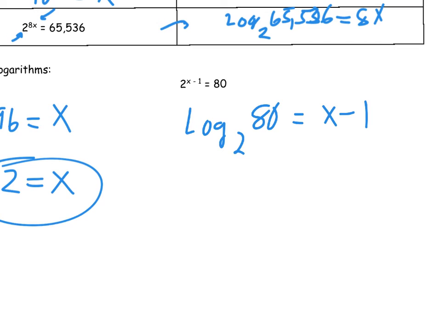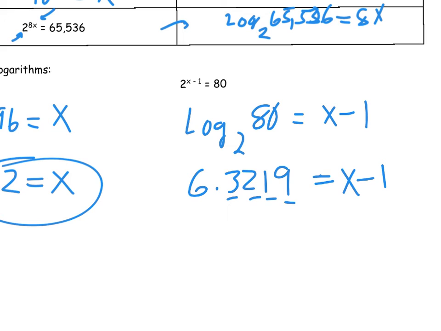And now you get a decimal. So you couldn't have figured this out by just plugging numbers in for x. This is 6.3219. We usually go 4 decimal places, 1, 2, 3, 4, when we're working with logs. But if you even put 6.32 or 6.3, that would be fine. So here's your equation now that you've got to solve. Well, it usually is just x, but now I've got x minus 1.